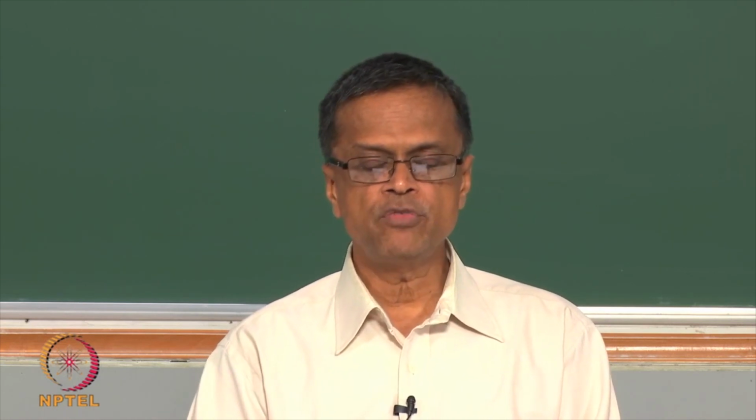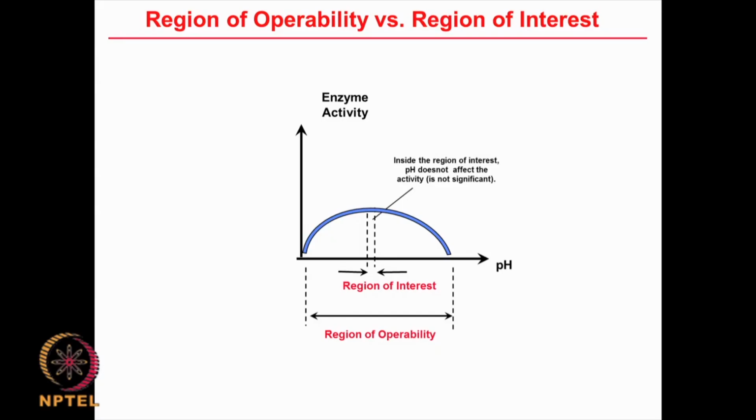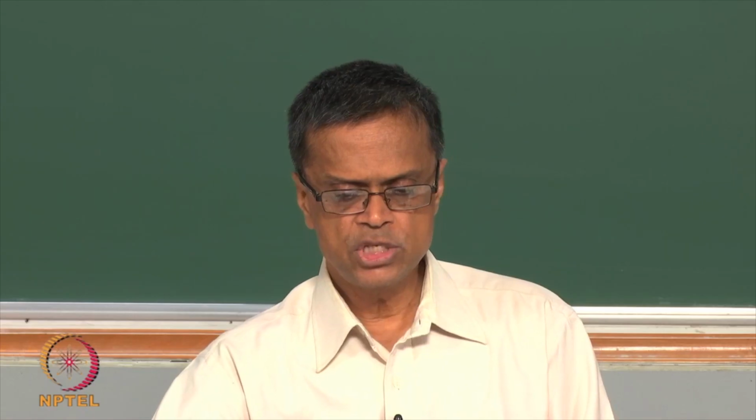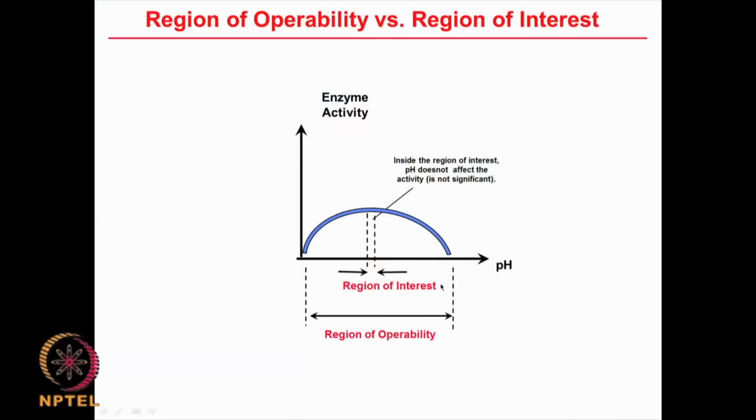But in reality, if you work at a very large region of operability for temperature, then definitely the activity will vary with temperature. So it depends on the region of operability and the region of interest.